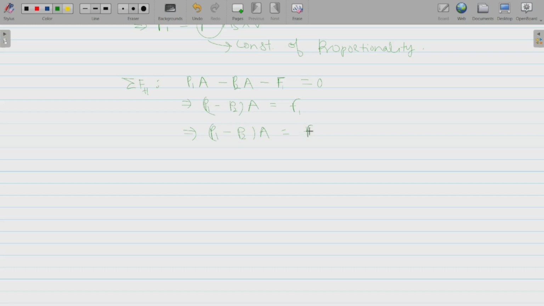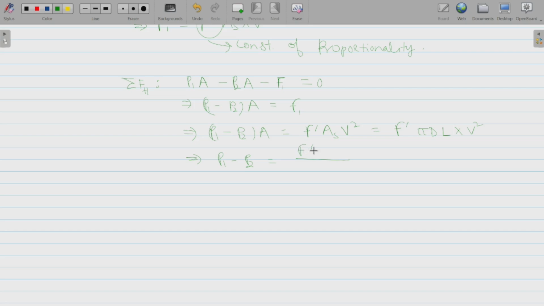F1 is F prime into the wetted area into V square. So you can write it like this: F prime, the wetted area was pi d into L, into V square, right? So now you can also write it like this. Let me show you. P1 minus P2 will be equal to F prime.